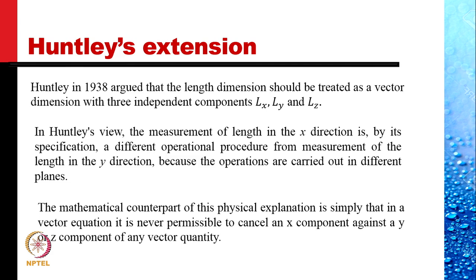The mathematical counterpart of this physical explanation is simply that in a vector equation it is never permissible to cancel an x component against a y or a z component of any vector quantities.